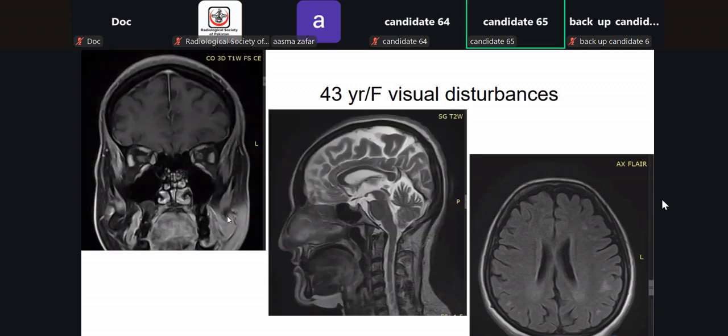Also, it is also involving the left frontal lobe. On coronal sagittal MRI images, these are T1 post contrast image and sagittal T2 weighted images.